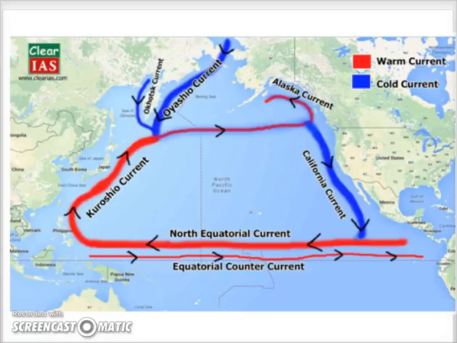The northern branch flows anti-clockwise along the coast of Alaska as the warm Alaska Current, and the southern branch moves southward along the coast of California as the cold California Current. The California Current eventually joins with the North Equatorial Current and completes the circuit.